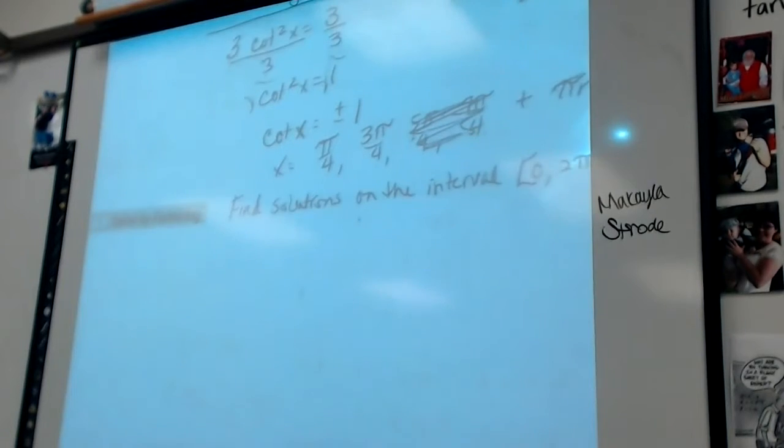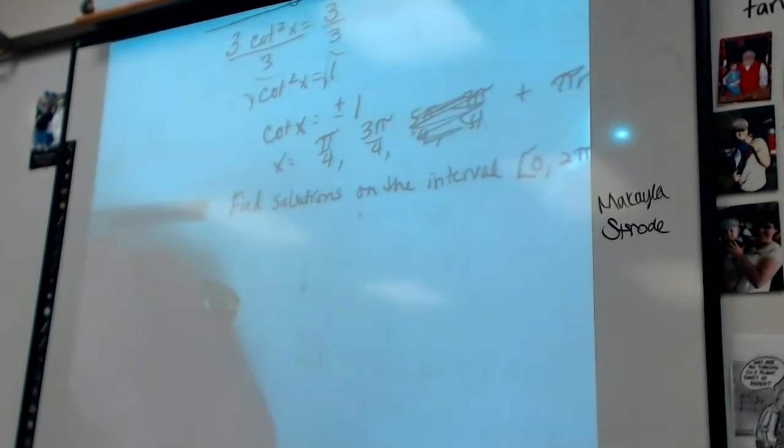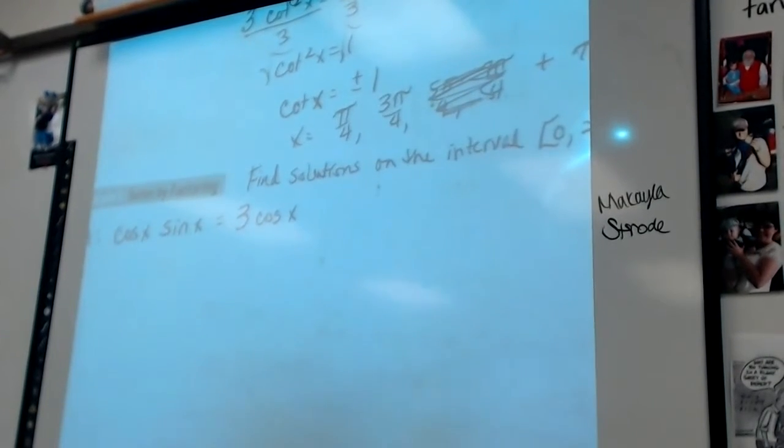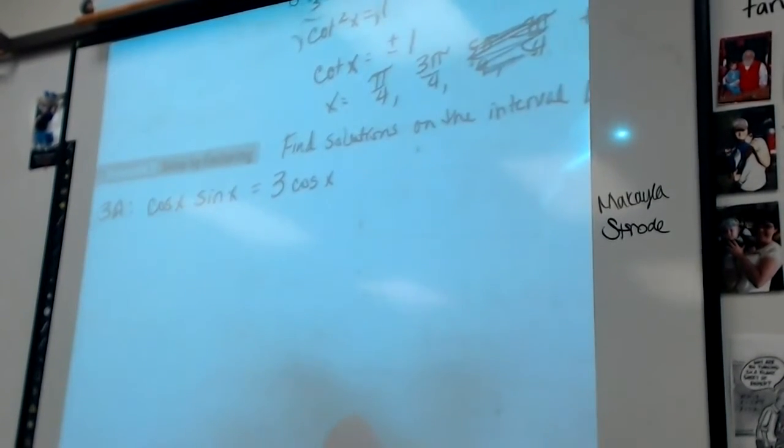All right. So example 3a. Cosine x sine x equals 3 cosine x. So basically, if you're checking the interval 0 to 2 pi, you've got to check everything, even if it's tangent and cotangent.